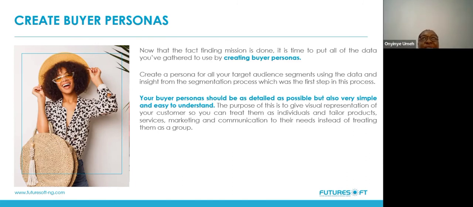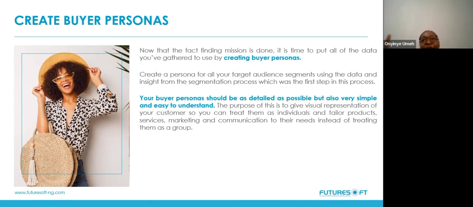It's easy to say that your target audience are women between 25 to 30 who reside in Lagos and earn 250,000. Doing this is totally different from saying that I'm targeting Onyinye, who is 29 years old, works at Futuresoft, likes to read, does not like to talk.